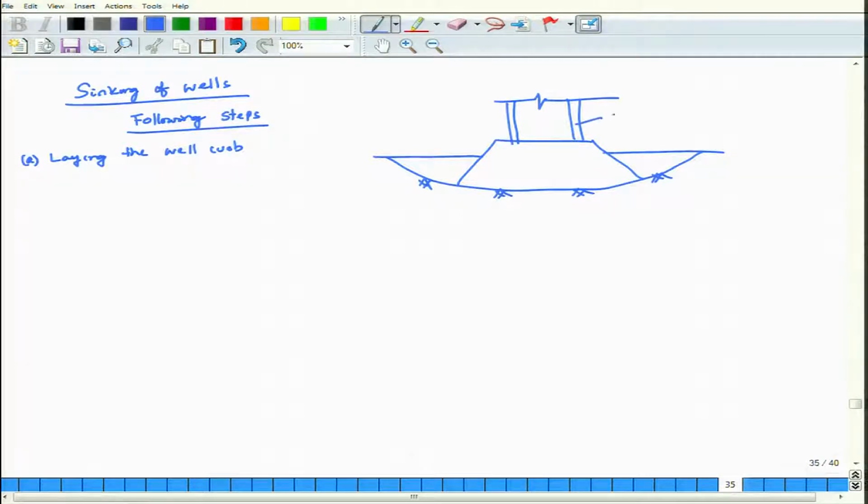This is a well, this is your sand island.